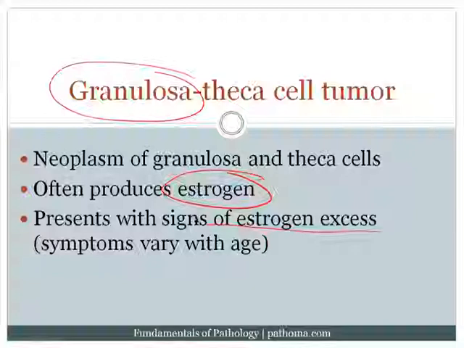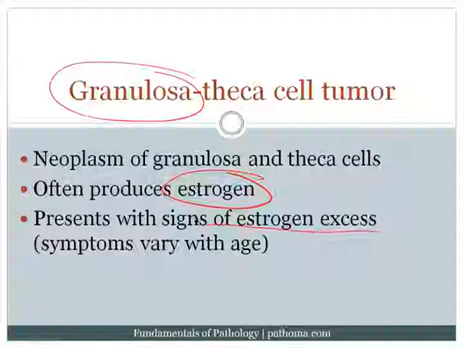If you got a granulosa theca cell tumor in a middle-aged adult, then the woman would present with heavy menstrual bleeding, or maybe bleeding outside of the menstrual cycle, for example. And then if you got this tumor in an older adult that was postmenopausal, then they would have abnormal uterine bleeding or postmenopausal bleeding. And that's because the estrogen from the tumor is going to hit the endometrium and cause the endometrium to grow and grow and grow, and eventually it would begin to bleed.